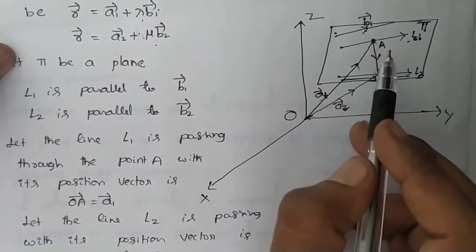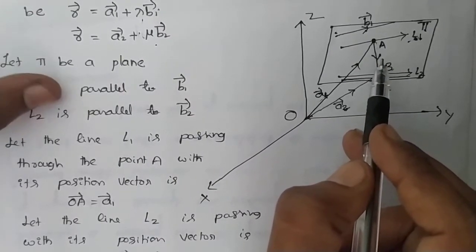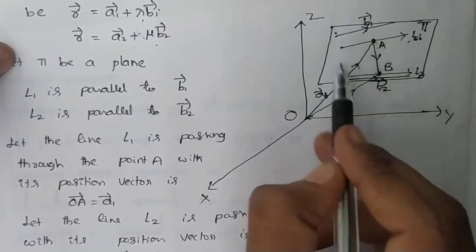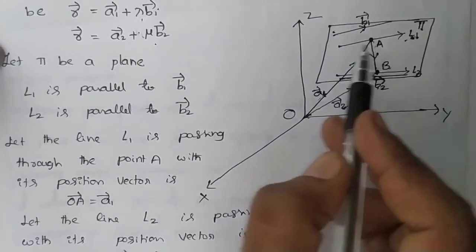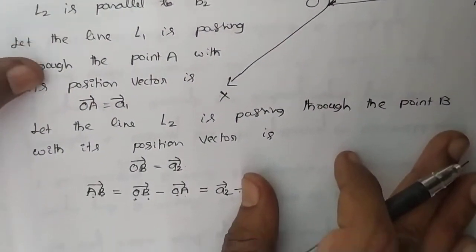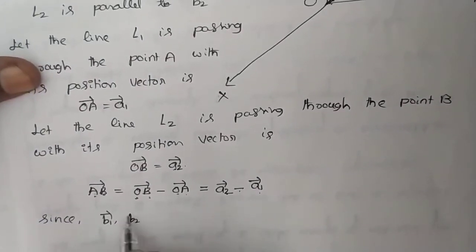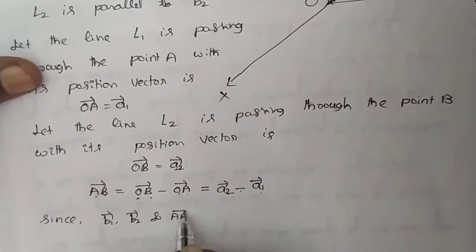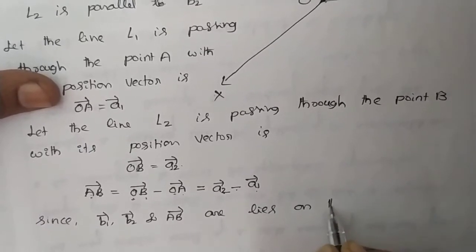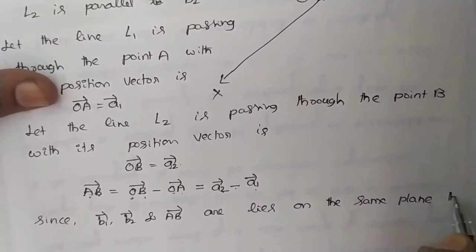If vectors lie in the same plane, then they are coplanar. Since B1, B2 and AB lie on the same plane, they are coplanar.